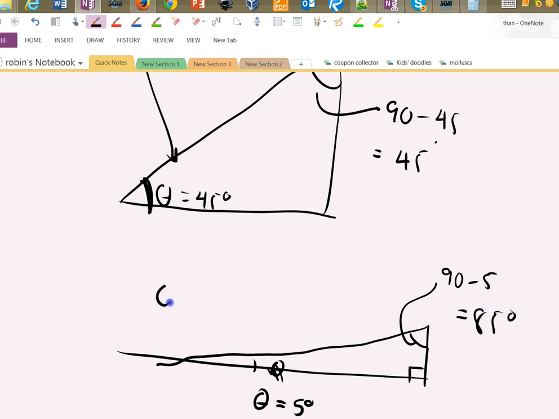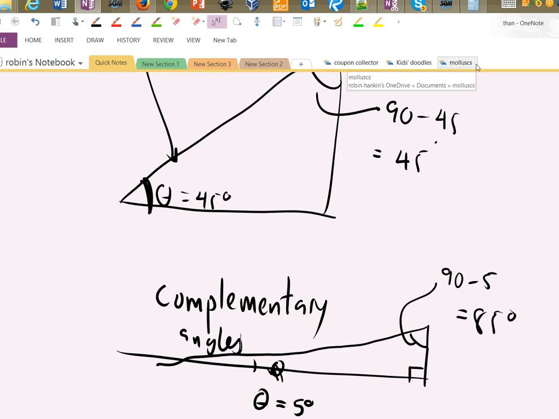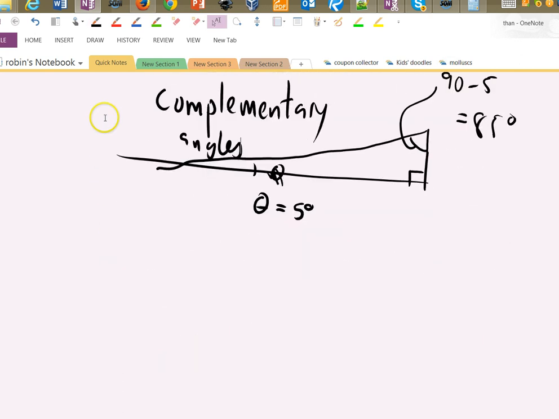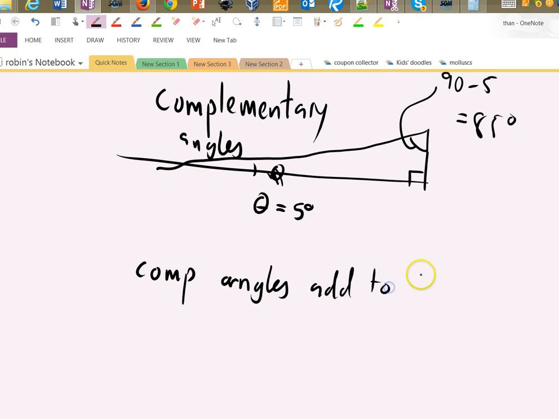Okay, they're called complementary angles. Complementary angles add to 90 degrees.